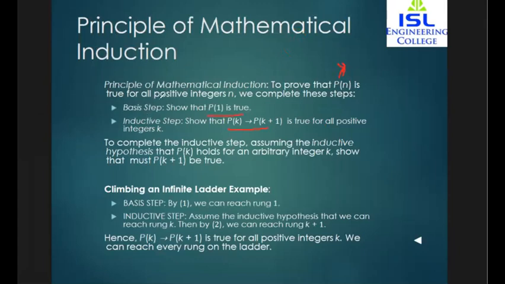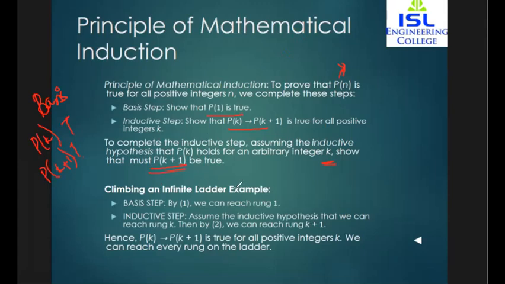P of 1 being true is known as the basis step, and the inductive step is to show that if P of k is true, then P of k plus 1 is also true. To complete the inductive step, assuming the inductive hypothesis that P of k holds for an arbitrary integer k, we must show that P of k plus 1 is also true.